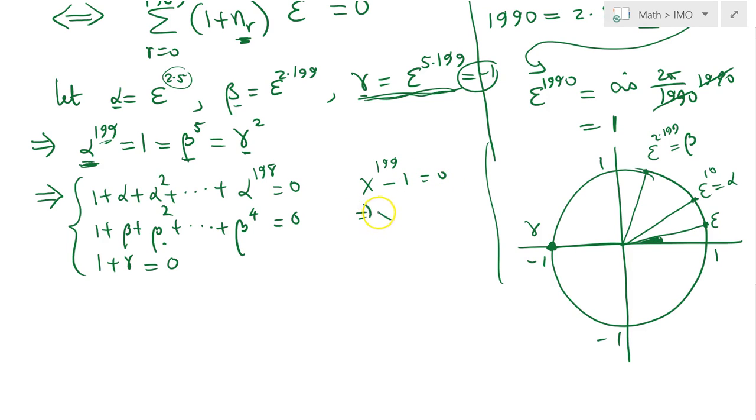When you factorize it, you get x minus 1 times 1 plus x all the way to x to the power 198. So that thing is equal to 0, suggesting that either x is equal to 1, which is not the case, or the whole second factor has to be equal to 0. But anyhow, these are some very well-known facts as well.